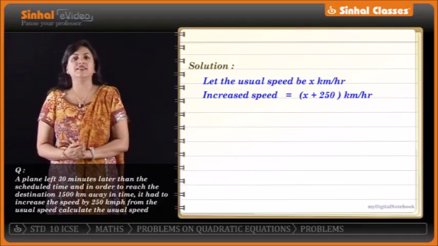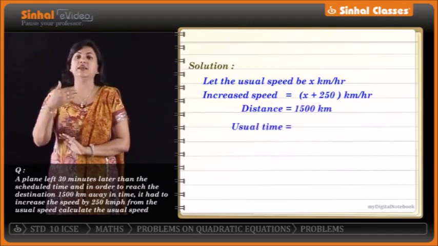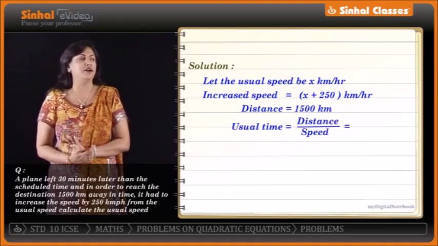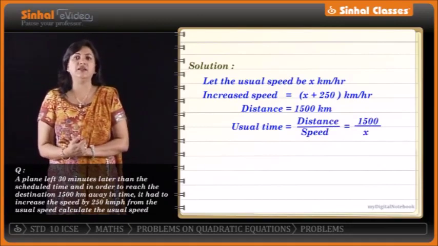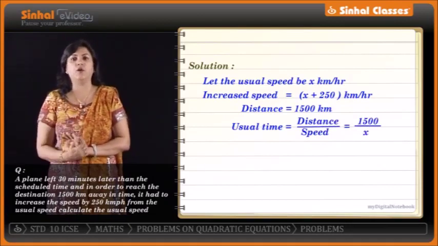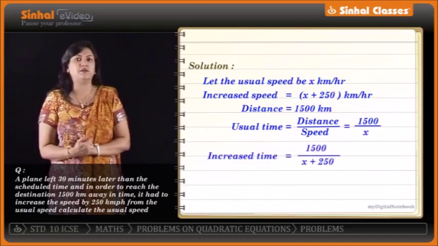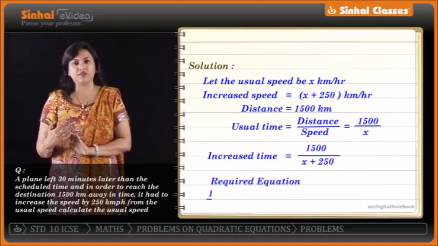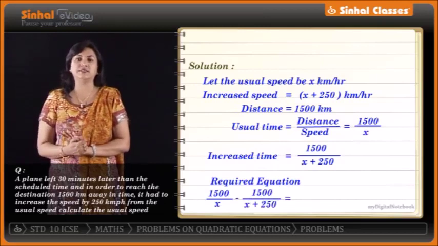Now we are given the total distance is 1500 kilometers. So the usual time taken will be distance upon speed, that is 1500 upon x. Now the increased time will be 1500 upon x plus 250. Now the required equation becomes 1500 upon x minus 1500 upon x plus 250 is equal to 30 minutes.